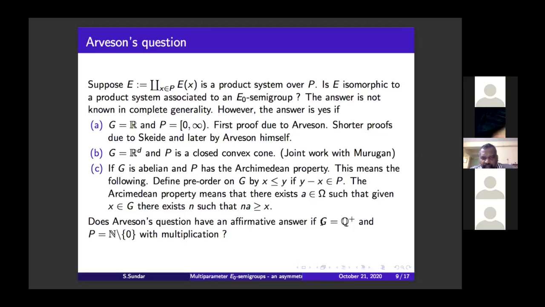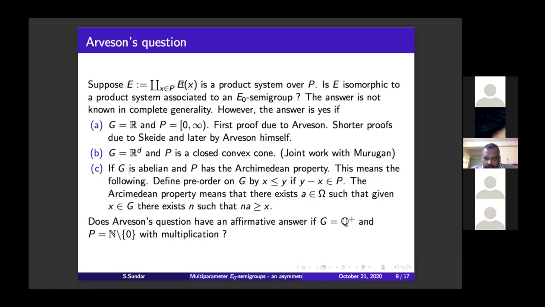Does Arveson's question have an affirmative answer for this example? This example will not have the Archimedean property, precisely because natural numbers have infinitely many primes. So this is an example where the Archimedean property fails. It would be interesting to know to what extent Arveson's question has an affirmative answer.